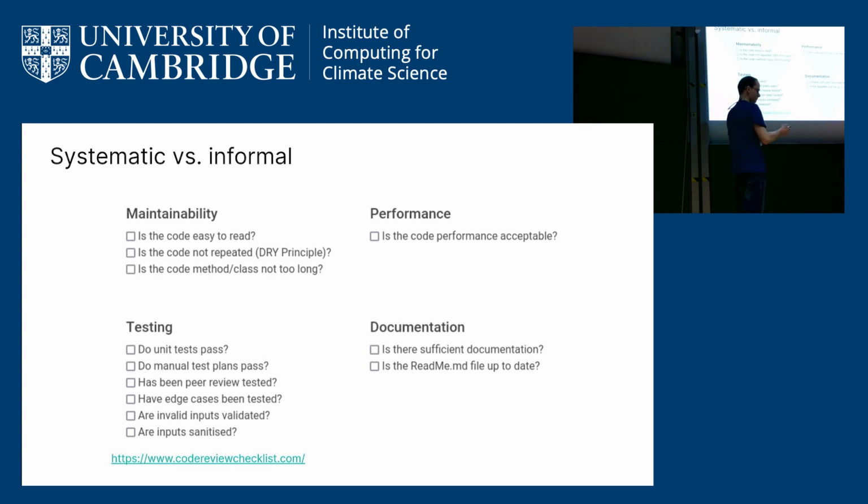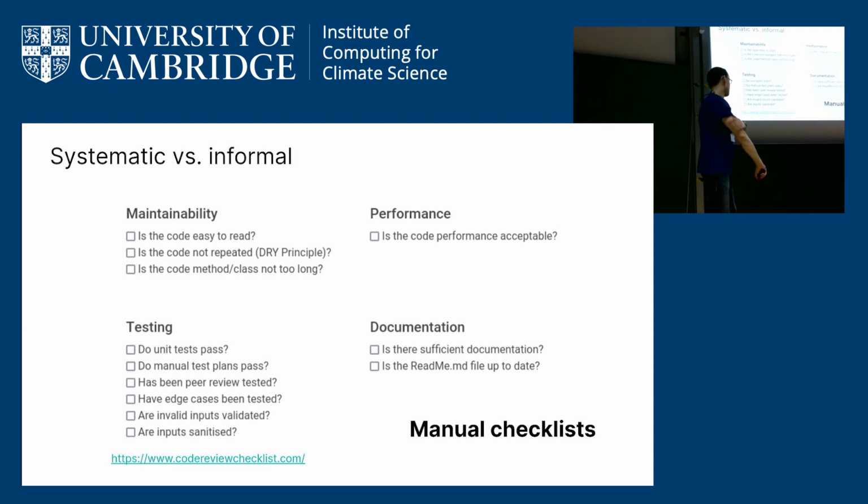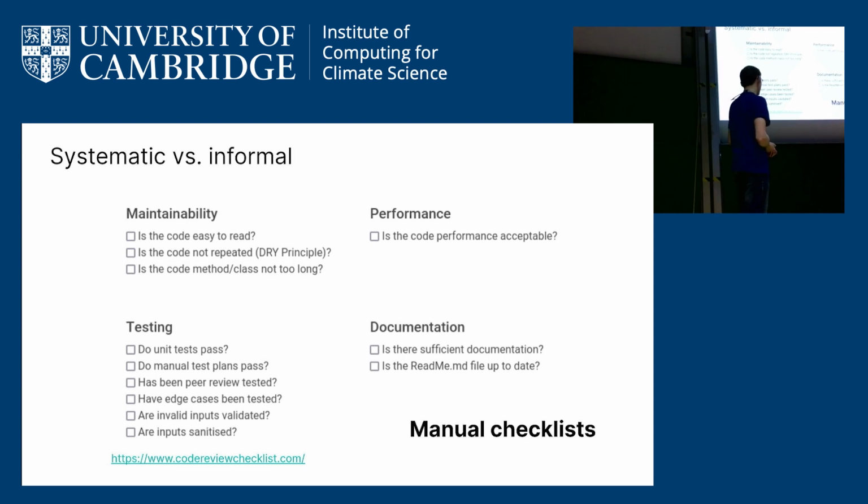This is a solid example of a really systematic code review where everything's laid out for you in a manual checklist, and it's highly structured. This is just a nice example of a certain way you can approach code reviews.